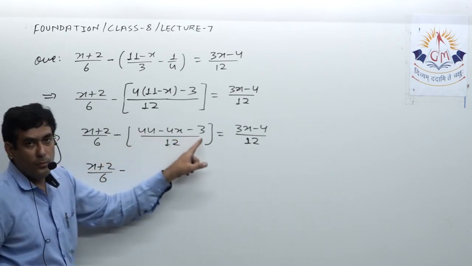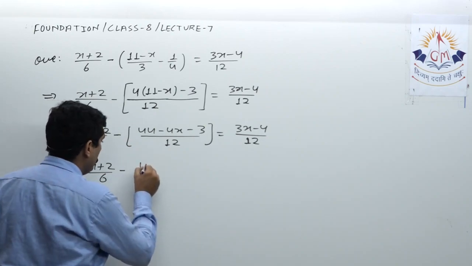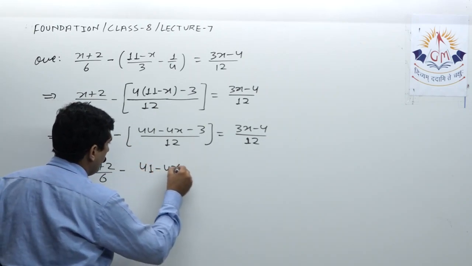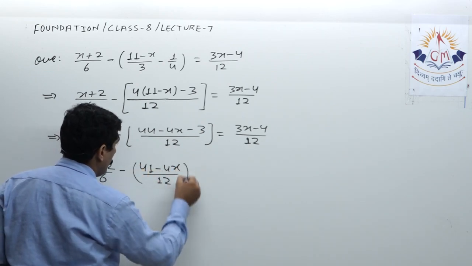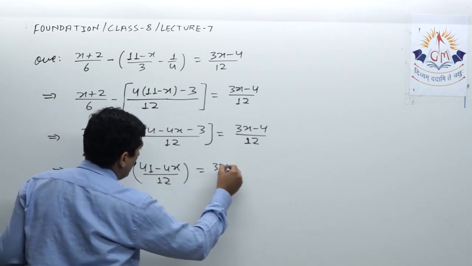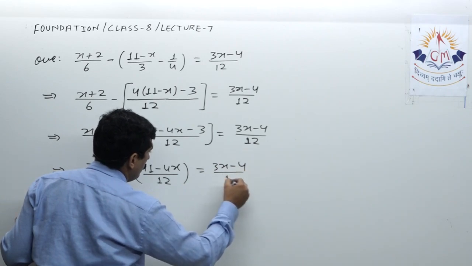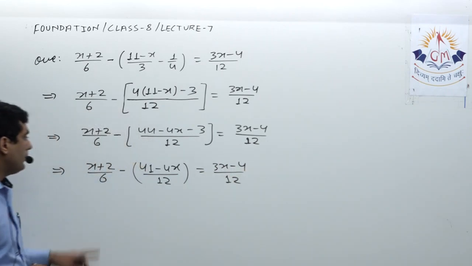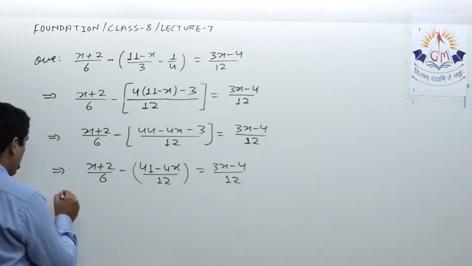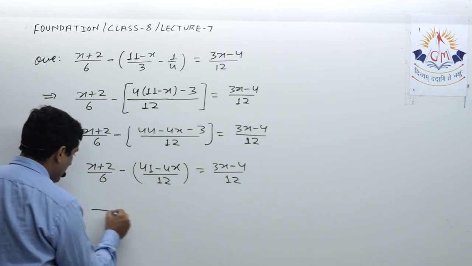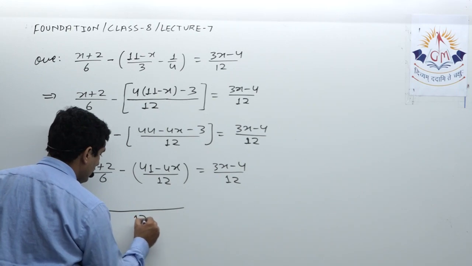Now here 44 minus 3 is 41 minus 4x upon 12 is equal to 3x minus 4 upon 12. Now I will simplify these two. Again I have to take the LCM, and LCM over here will be 12.